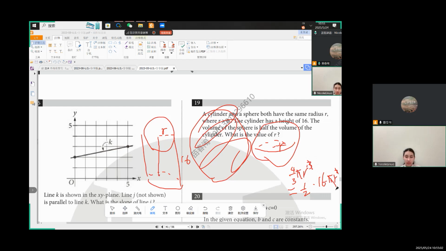Yeah, I'm totally following the lead of the question. Let me just erase this. Because the key is the volume of the sphere is half the volume of the cylinder, right? Oh, I can't simplify anymore.